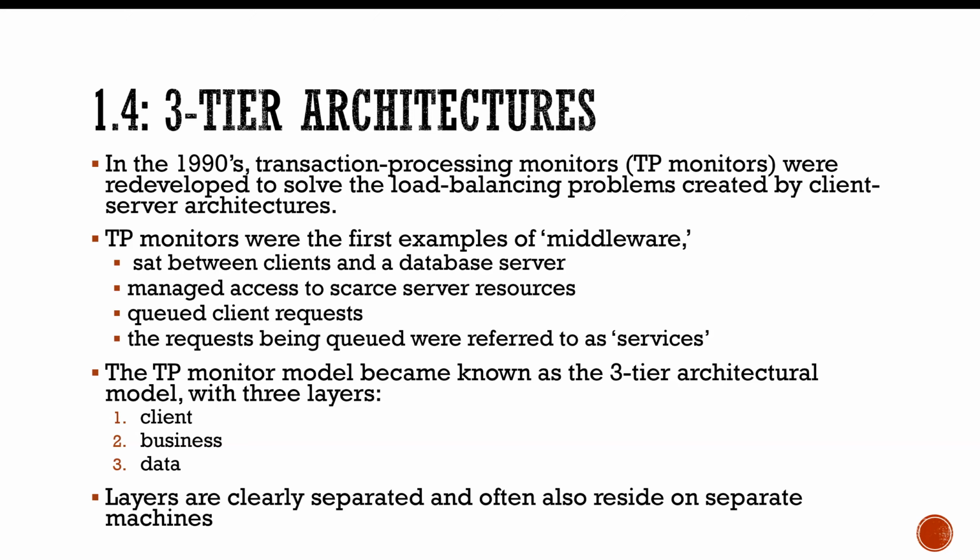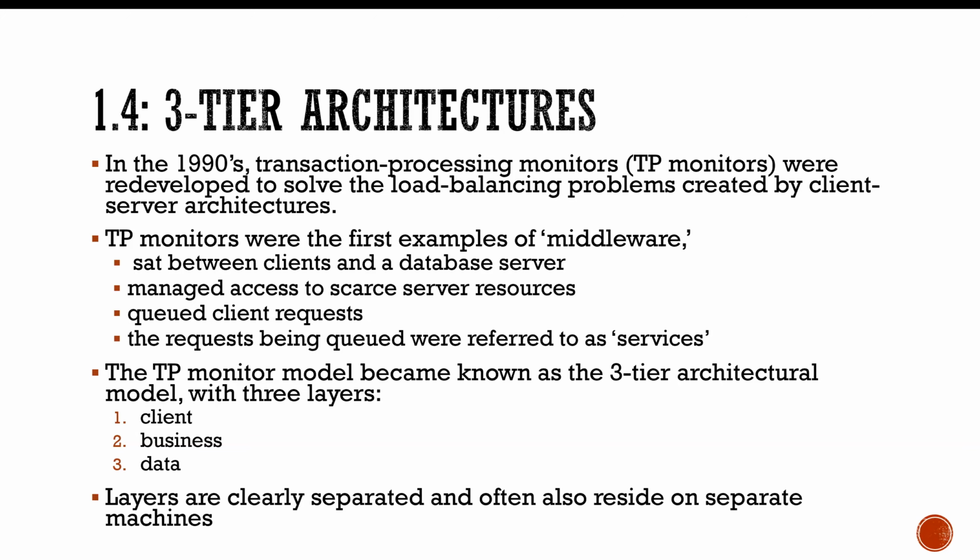The transaction processing monitor became known as the three-tier architecture model, with 3 layers. The client layer, some people call it the presentation layer, or the application layer. Then you have the business layer, which has the logic running, the application typically running on the client now.